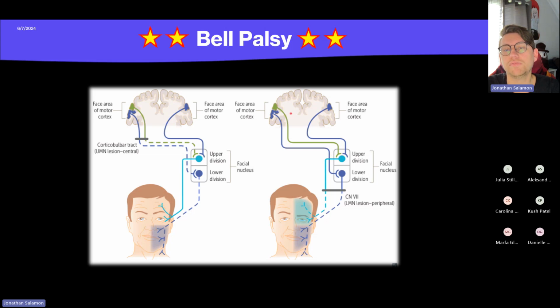So the only place you could have a lesion that knocks out half of the face is after the facial nuclei. Whereas if you are missing the bottom half but not the top half, then the lesion has to be before the facial nuclei, which means it's a problem in the cortex. Or I guess it could technically be as it comes down to the internal capsule. But the point is, this is Bell's palsy, half the face. It's cranial nerve 7 neuritis a lot of times. This is a stroke.